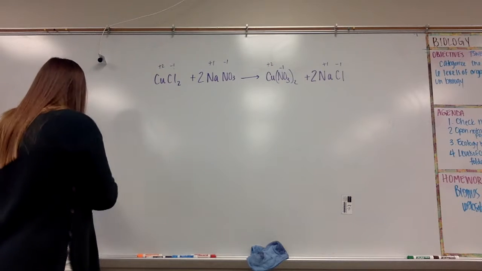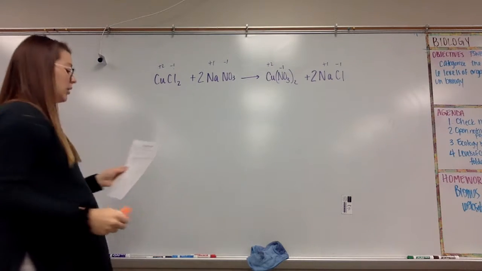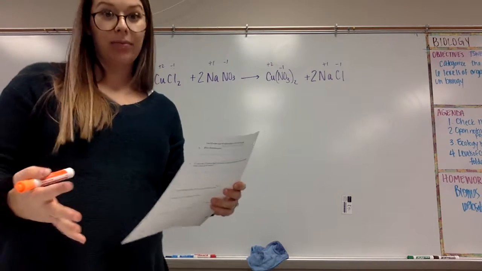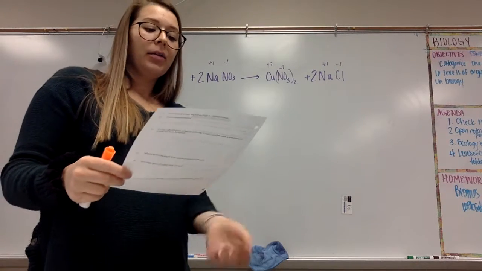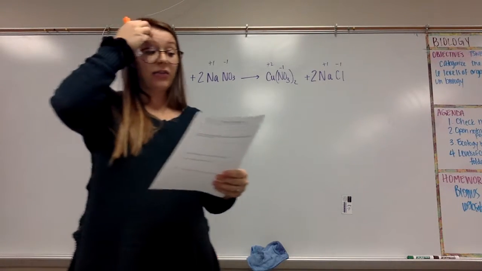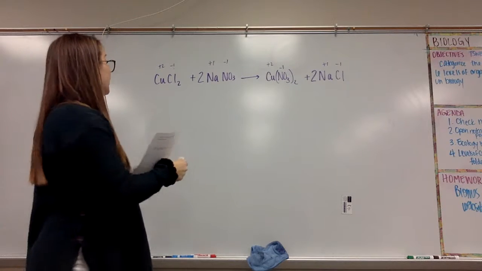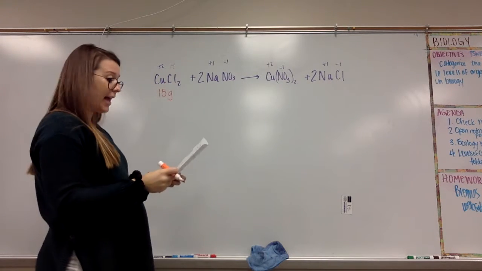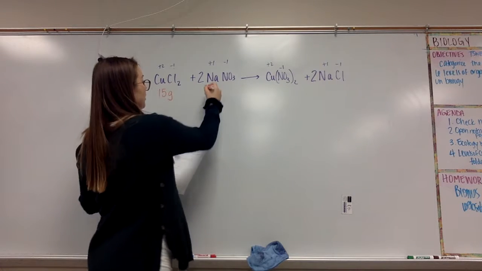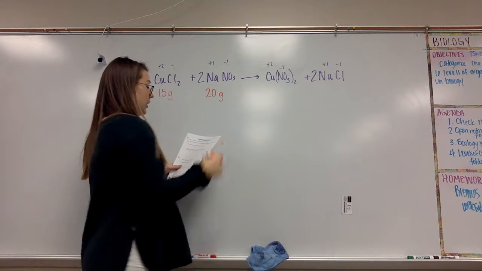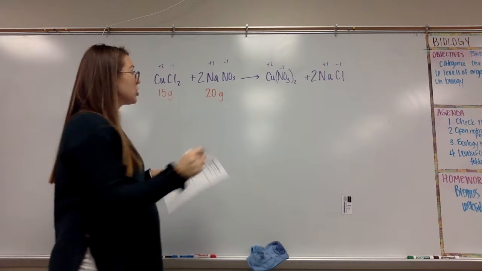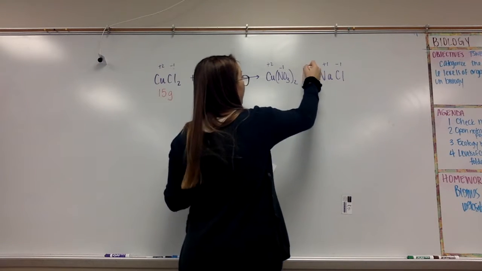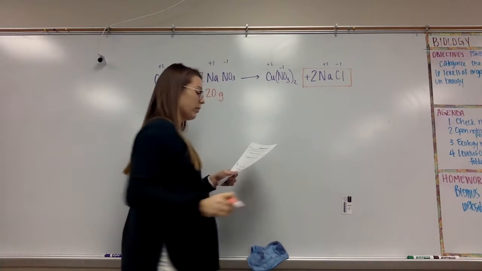Now, moving on to the actual problem part, okay? B says, if 15 grams of copper 2 chloride, so I have 15 grams of this, reacts with 20 grams of sodium nitrate, how much sodium chloride can be formed?